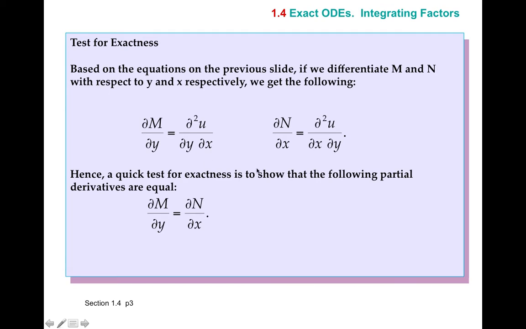So because these two terms are equal, then what that tells us is the partial of the function M with respect to y must equal the partial of the function N with respect to x. And if that is true, then the differential equation is an exact differential equation. So once again, this bottom equation here is the test for exactness on a given differential equation.